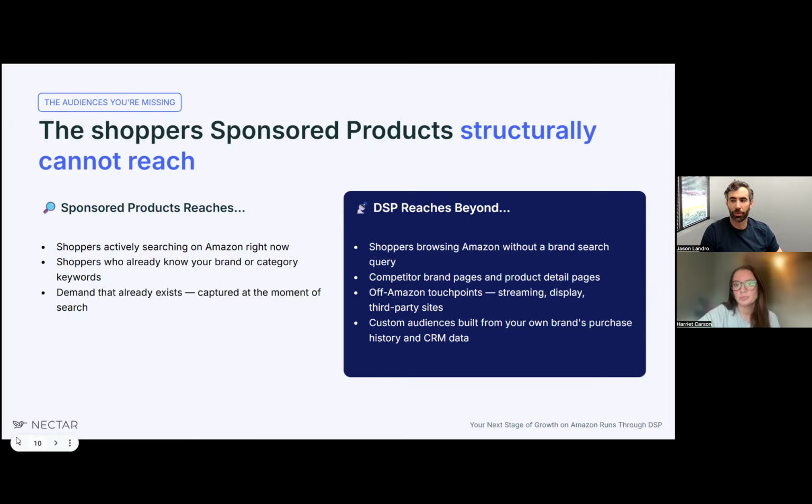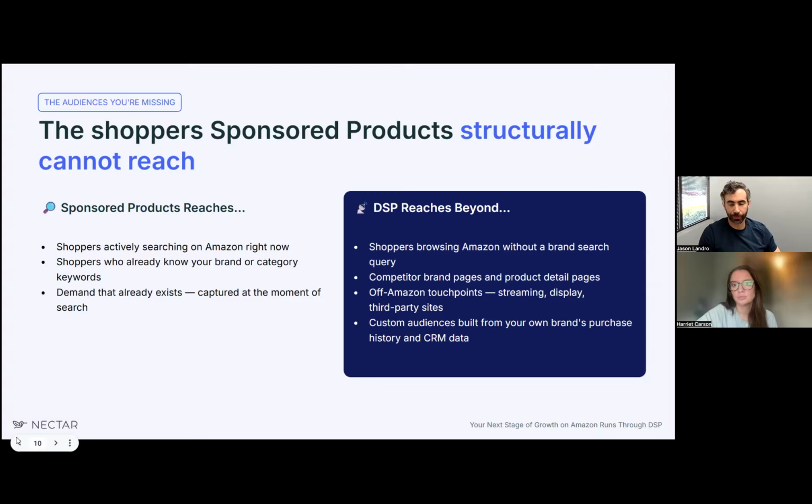I think what's really fun and exciting about where we're at now is the addition of the Amazon Marketing Cloud that really allows you to marry your search strategy with your DSP strategy, whereas in the past they were kind of segregated to a degree. Yes, you knew where you were winning in search and could use that to inform your DSP strategy, but it was hard to really pair them together, especially for upper funnel.